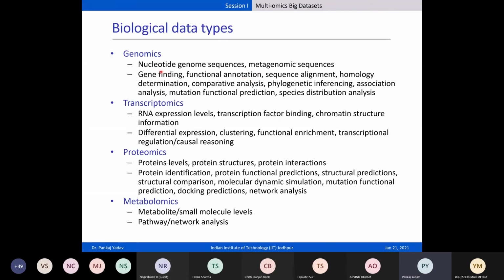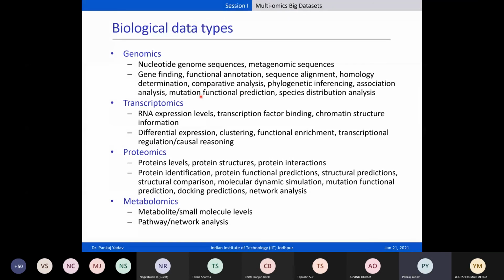Similar to gene finding, you can assign which regions of this genome are doing which kind of work, based on some computational prediction models. And then, as I already showed, you can perform sequence alignment, and then you can do homology determination, or you can do comparative analysis and phylogenetic inferences.